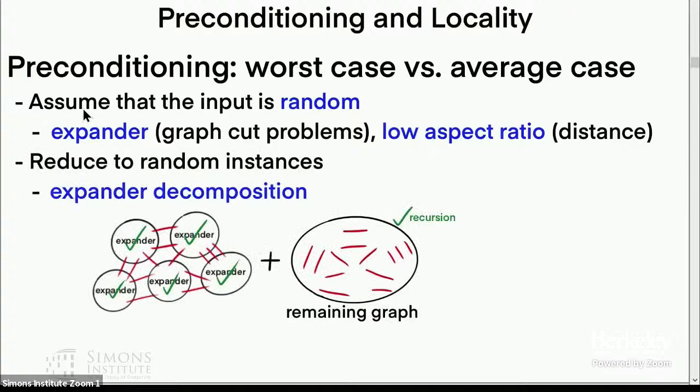Once we solve the random problem, we want to reduce general instances to random instances. For graph cut problems, one common technique is expander decomposition. This decomposes a general graph into expanders by deleting a small number of edges in between. These red edges in between are a small fraction of edges.